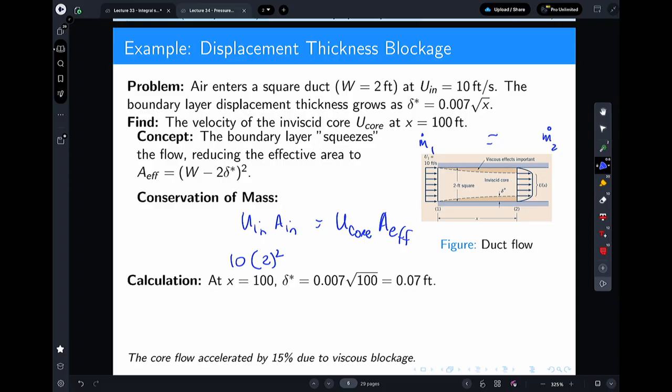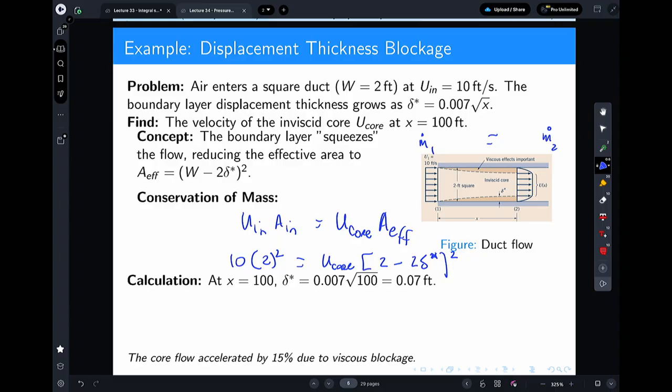On the right-hand side, we're going to use the concept that the boundary layer or displacement thickness shoves fluid away.